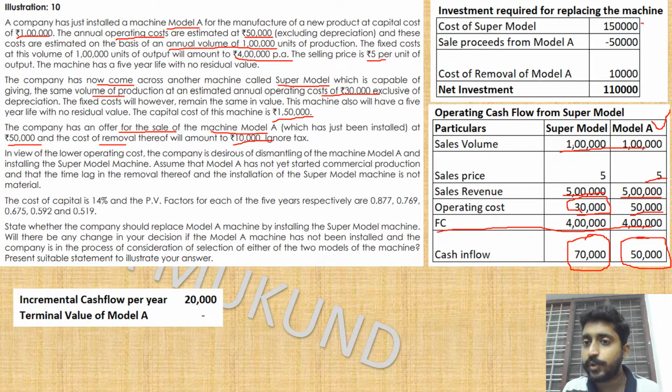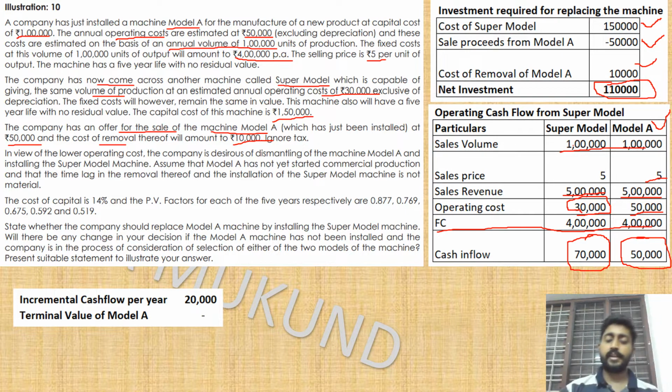So the company is ready to invest 1,50,000, and model A, which is already installed, they have to remove, which is de-installation, and sell. For selling, there is a buyer already available for 50,000 rupees. That is the inflow that we will get, and we will have a removal cost of 10,000. So if we put everything together, 1,10,000 is the net investment that we are requesting from the management.